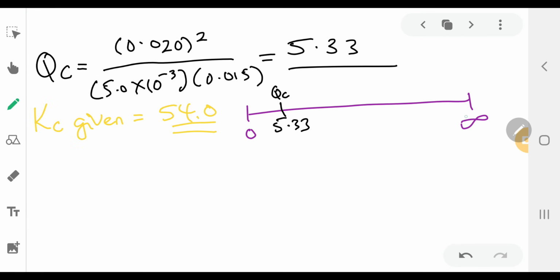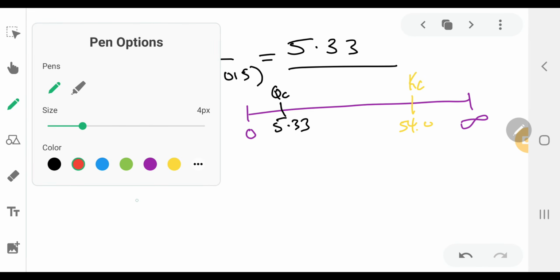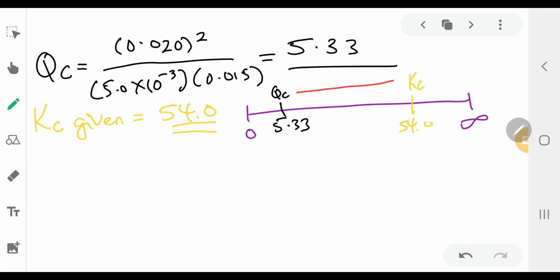And your Kc would be somewhere there, 54.0. So where do we go to get your equilibrium? The reaction for sure would shift to the right. So Qc is smaller than Kc. You get 1 mark for that, 1 mark for that one.